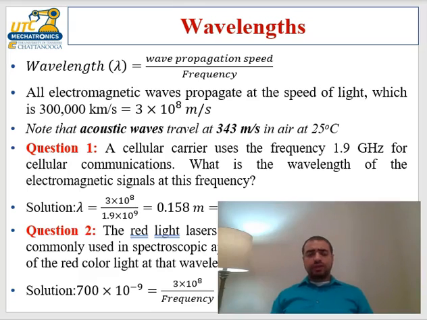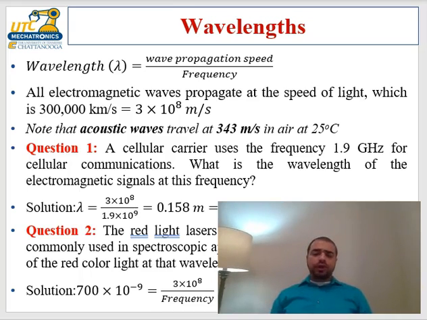The gamma rays, X-rays, visible light, radio FM, and microwaves all have the same speed, which is the speed of light. You must memorize it: it's basically 300,000 kilometers per second, equal to 3 times 10 to the power 8 meters per second, which is also 187,000 miles per second.